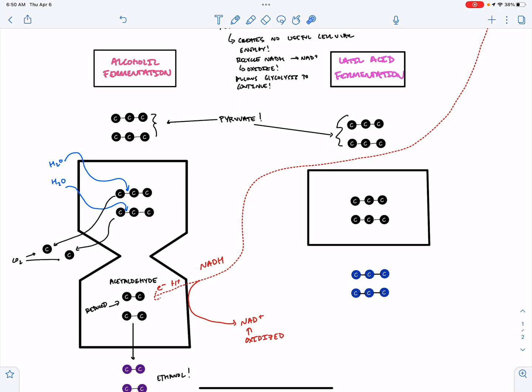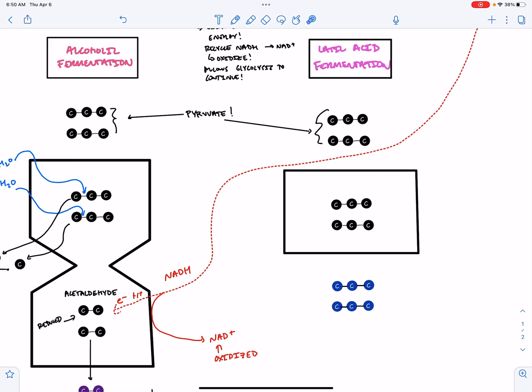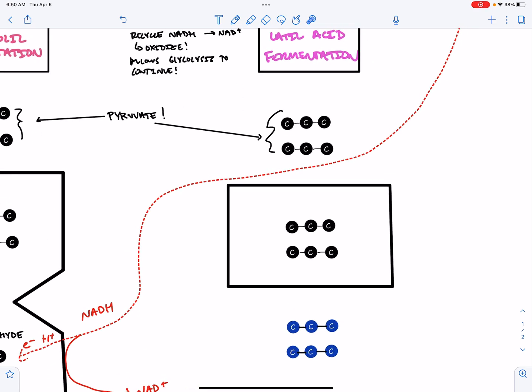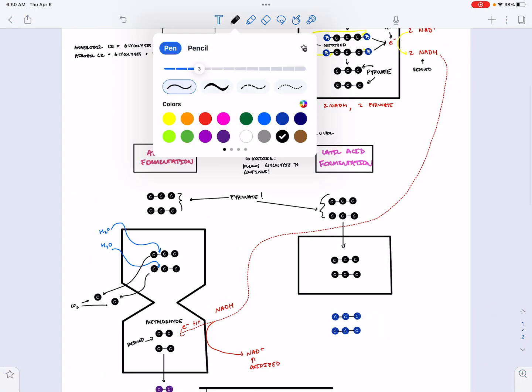Okay, the next example is what humans do, and also the bacteria that are in your yogurt. They start with pyruvate, just like the yeast in alcoholic fermentation. So the pyruvate enters, and it's also a little bit more complicated than this, but we're not going to really get into the nitty-gritty here.